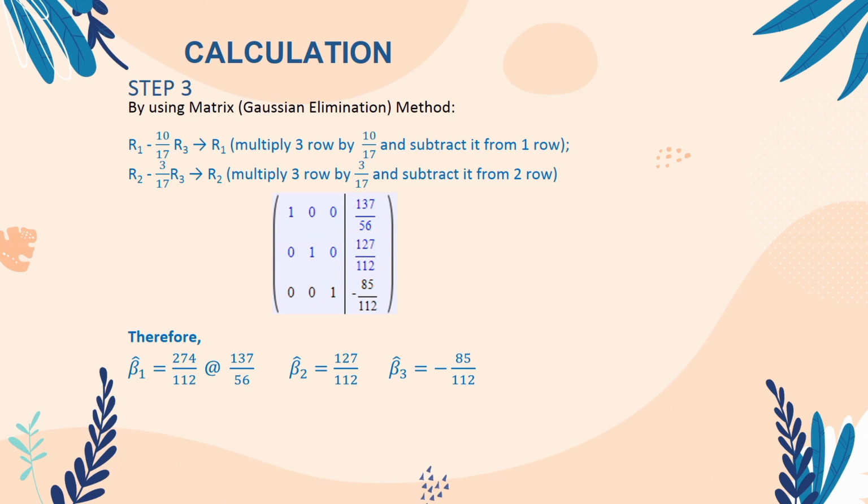Therefore, we got the answer for beta 1, beta 2 and beta 3, which is beta 1 we got 274 over 112, beta 2 we got 127 over 112, and beta 3 we got negative 85 over 112.